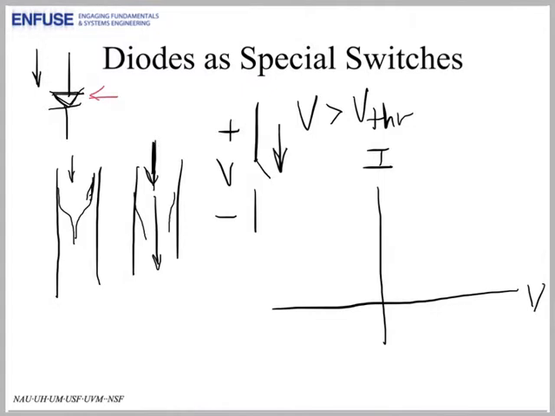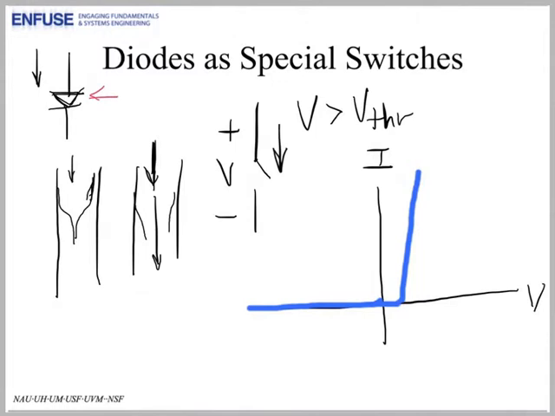So that means for negative voltage, we want no current to flow. So the current is 0 here for negative voltage. However, once the voltage achieves a particular threshold, we want the diode to look essentially like a wire. So the IV characteristic looks something like this.